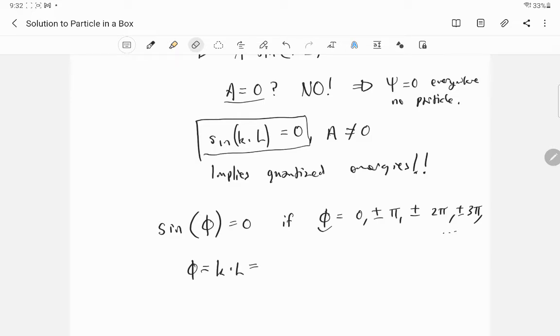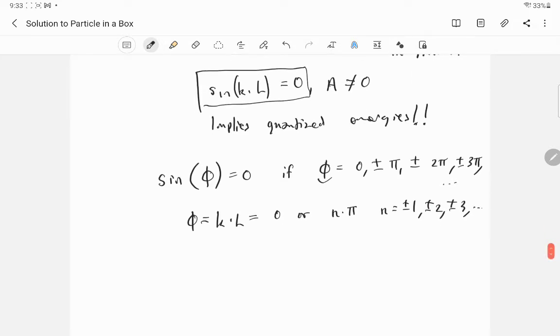So in order to satisfy the boundary condition, k times L must be 0 or n times pi, where n equals plus or minus 1, plus or minus 2, plus or minus 3, etc. All right, so let's go on, and I'm going to make some arguments, pull some fast ones.